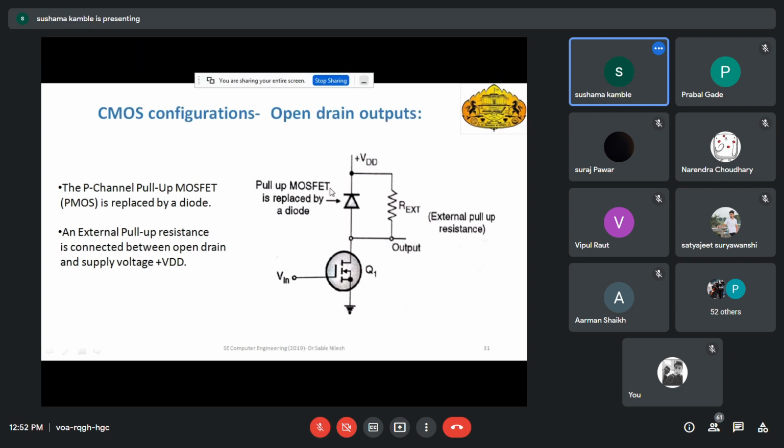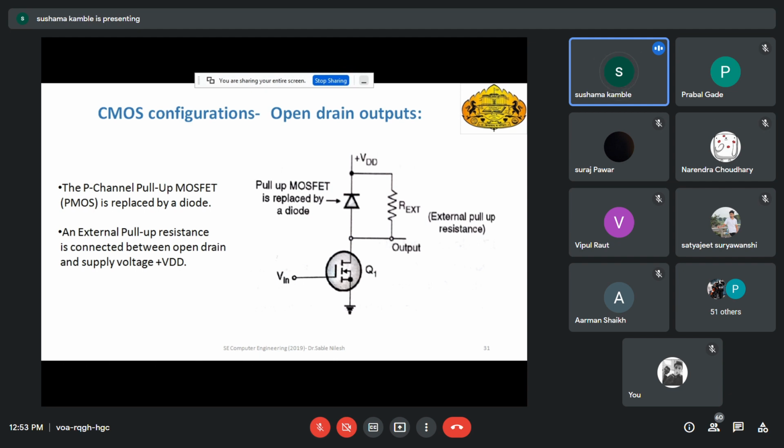See, this P channel MOSFET, the pull up MOSFET, is replaced by a diode and one more external resistor. So we have seen we can't use wired logic for CMOS, but if we use the open drain configuration then it can be used for wired logic. That is the main advantage. But what is the disadvantage of this circuit?